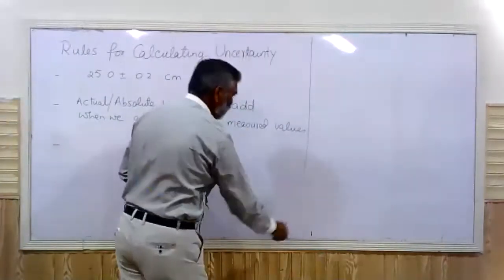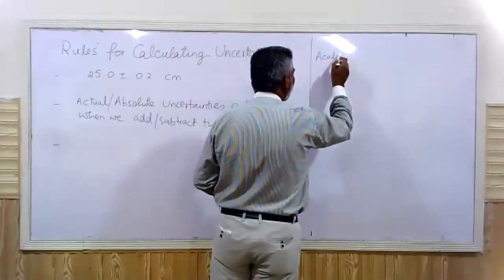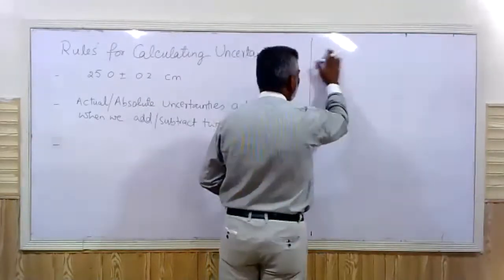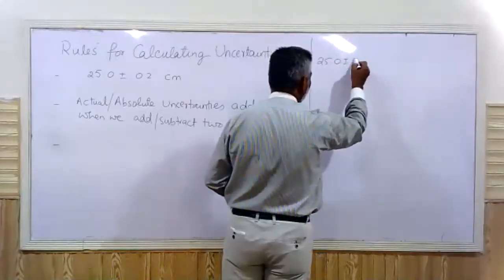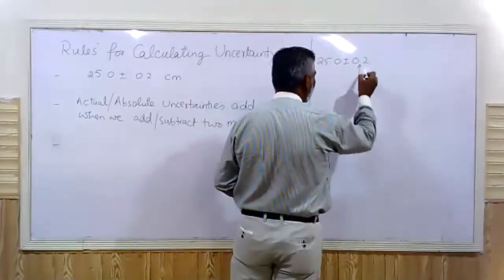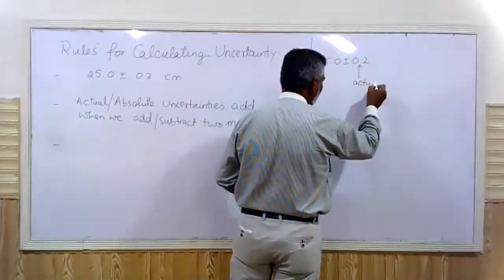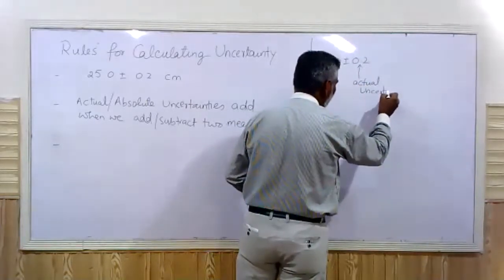Actual uncertainty was, when I wrote 25.0 plus minus 0.2, this was the actual uncertainty.